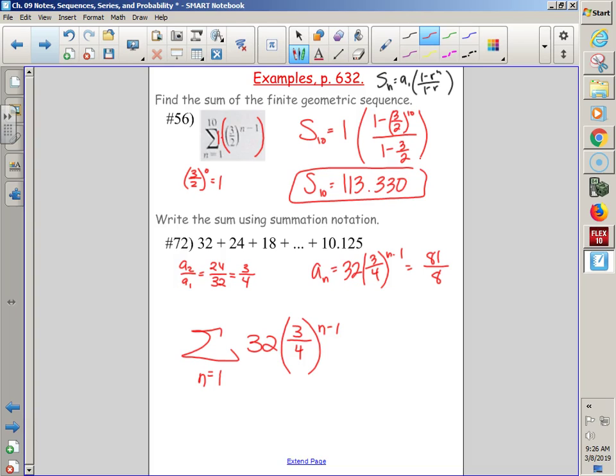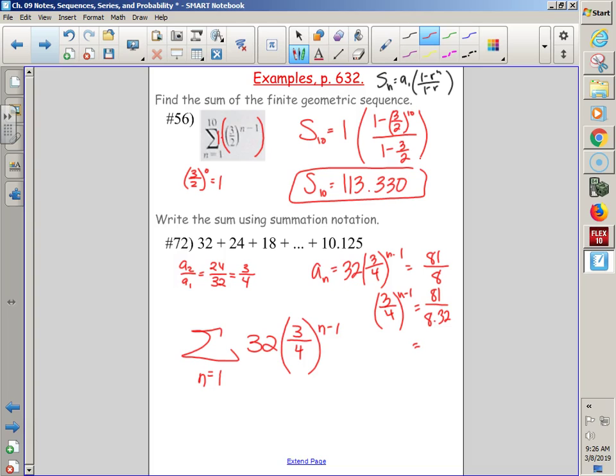We could divide by 32. So we would have 3/4 times n minus 1. And then that'd be 81 all over 8 times 32. This is getting kind of nasty, though, huh? Can't you reduce a little bit?